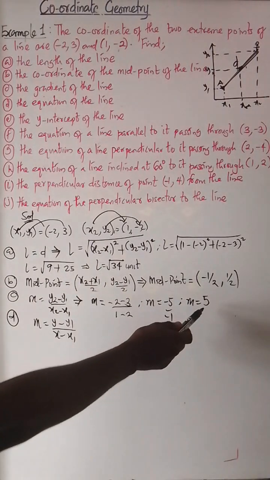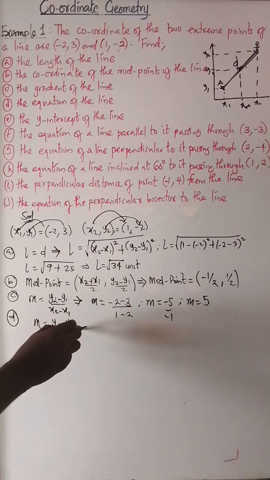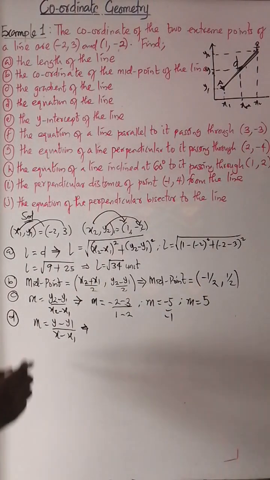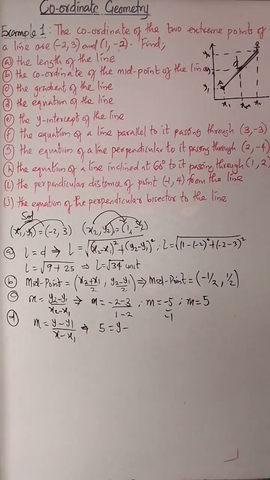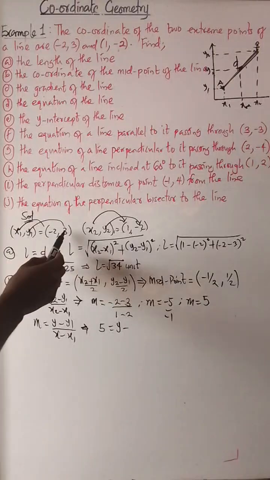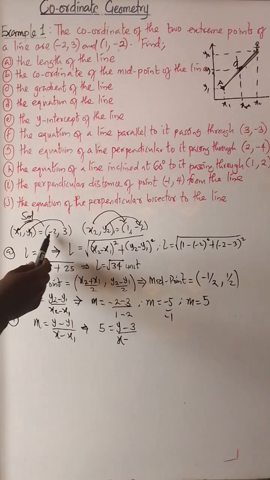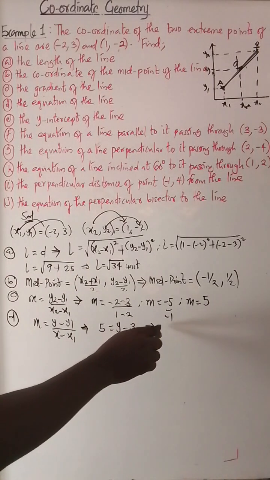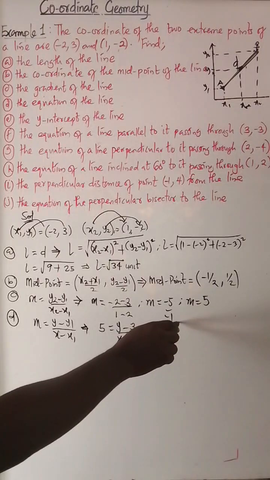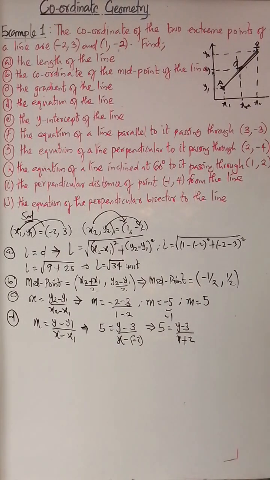Since we have m already, we can say m is 5 equals y minus, what is y1? y1 is 3. Then x minus, what is x1? x1 is minus 2. So from here it means 5 equals y minus 3 over x plus 2.